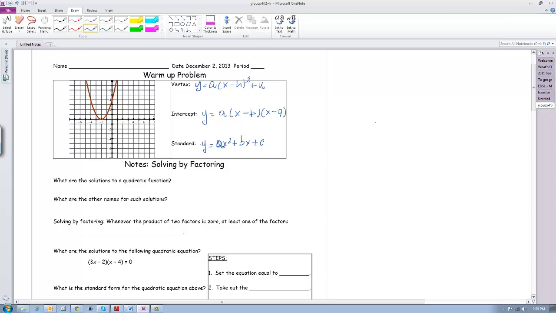The only thing that we know about standard form, the only real term that can be read directly by the graph is c, and c we know it's the y-intercept. So in this case, c will be 4.